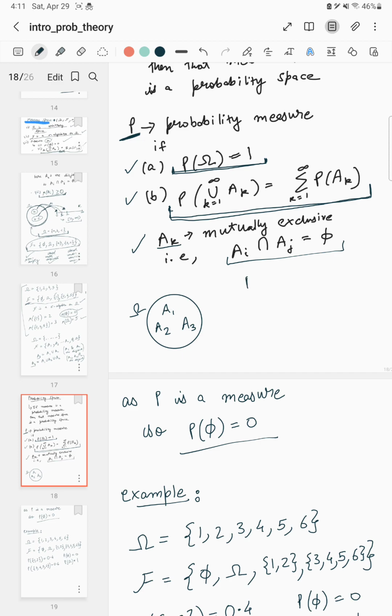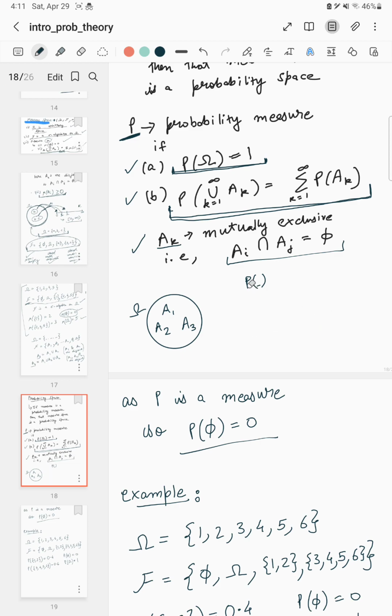So the probability function will map from Ai, like any element of F, so F is the domain of it, to [0, 1], which is the set of all real numbers in the closed interval of 0 to 1.